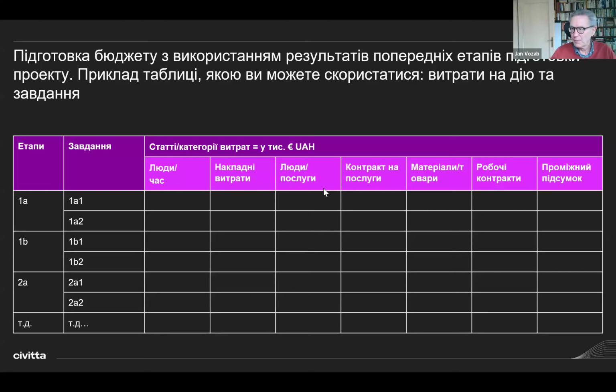So the people's time is not only the actual money that you pay them, but this is also some additional money that costs you to have the people, like the offices, heating, equipment, whatever people use.